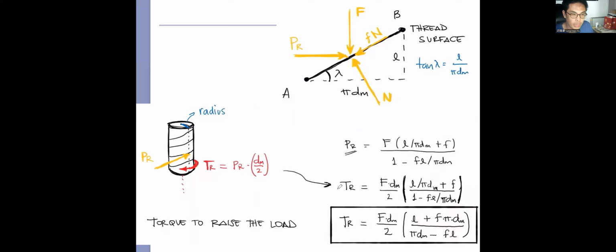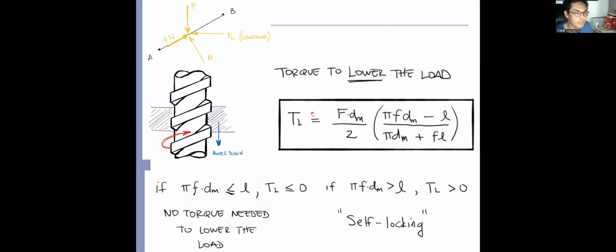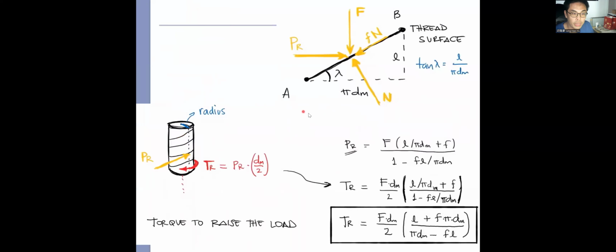So we can rewrite this equation in terms of the torque right here. We find the torque to raise the load equals this. TR is for raising, TL is for lowering.